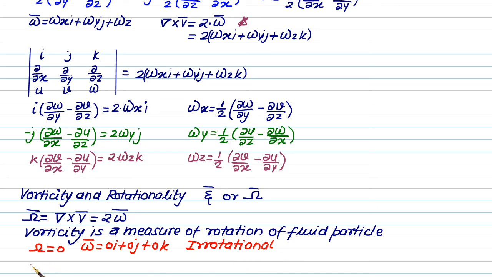And if the omega vector is not equal to 0, and any of the components is present, it may have an omega x component, an omega y component, or both, or all components. In that case the flow is called rotational flow. So this is the condition for rotational as well as irrotational flow.